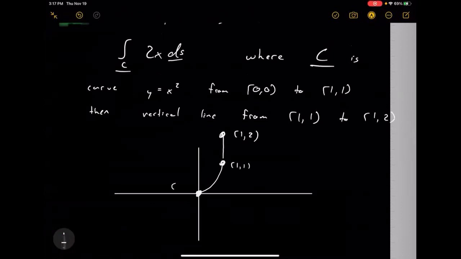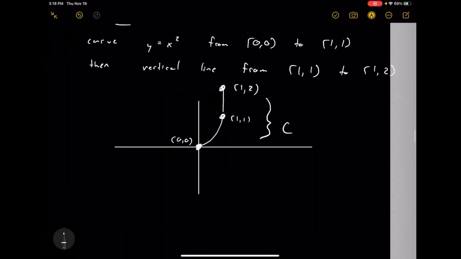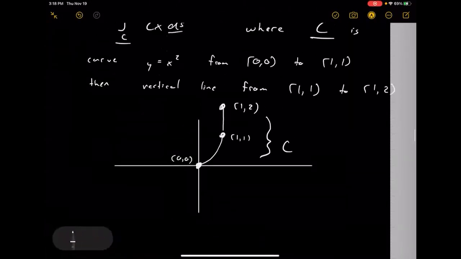So this is what our curve C looks like. This obviously has a couple pieces: this parabola piece, y equals x squared, and then that vertical line piece.